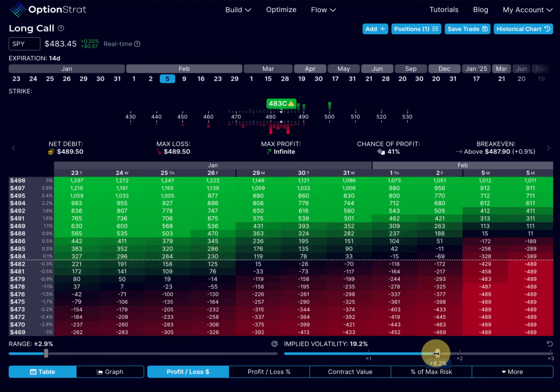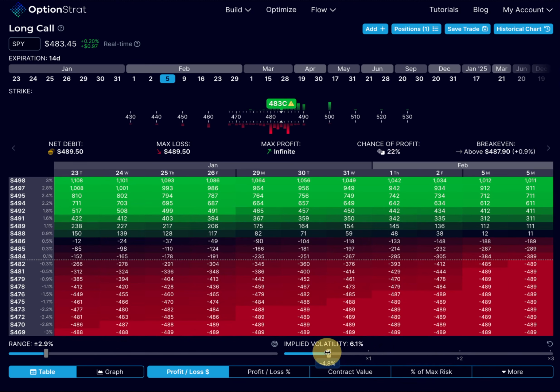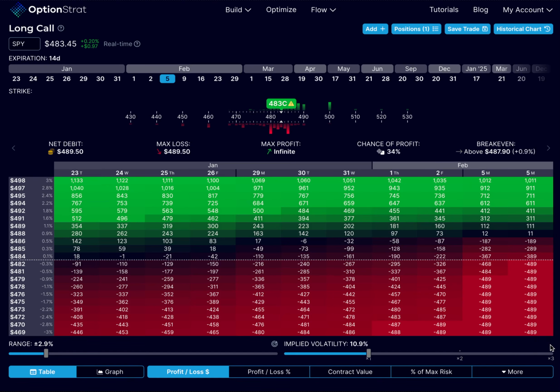Likewise, if volatility drops down to 6%, I'm going to be down $152. So as options traders, it's critically important that you understand how volatility factors into your trade as well. Now, if I want to bring that back to whatever current volatility is, I just hit this reset button right there, and it'll take me right back to the current volatility that exists in this trade.